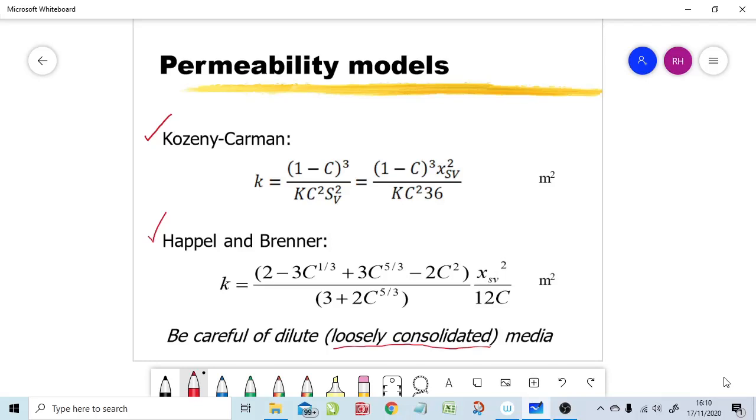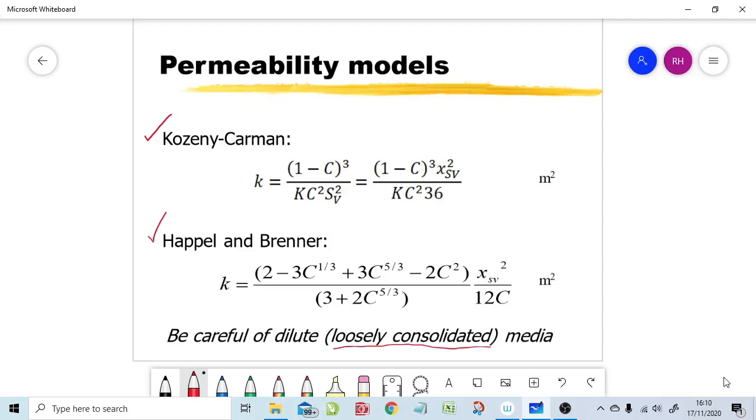If you have dilute media, which is loosely consolidated, then there's the possibility for the flow of the fluid to encounter less surface than it would if it was strongly consolidated. In other words, the pressure drop may be less than you anticipate.